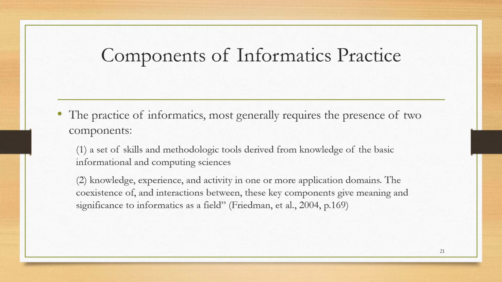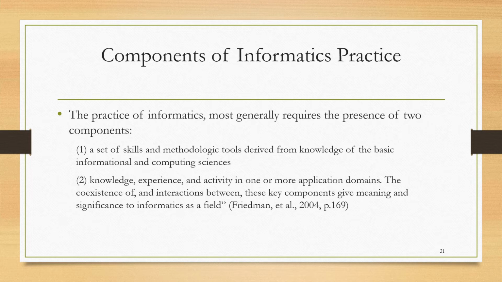According to the report Training the Next Generation of Informaticians, the practice of informatics most generally requires the presence of two components. The first one is a set of skills and methodologic tools derived from knowledge of the basic informational and computing sciences.